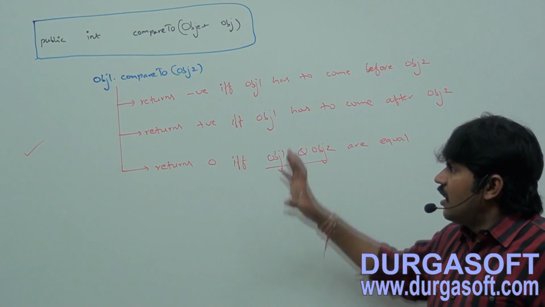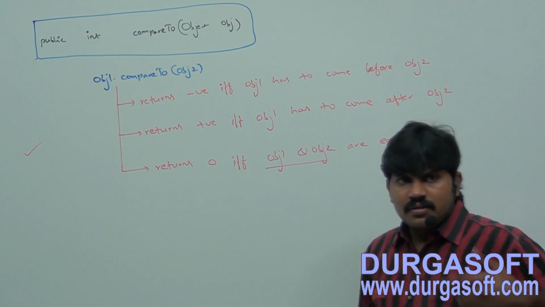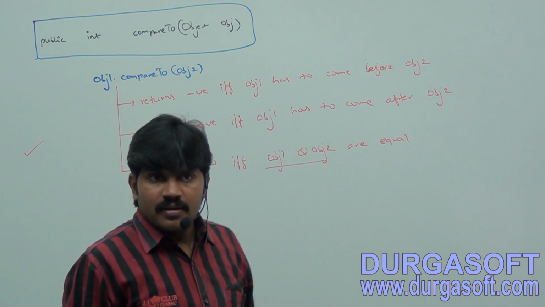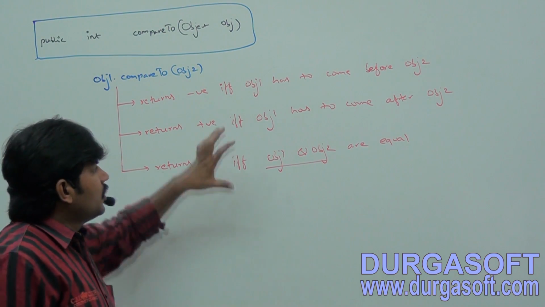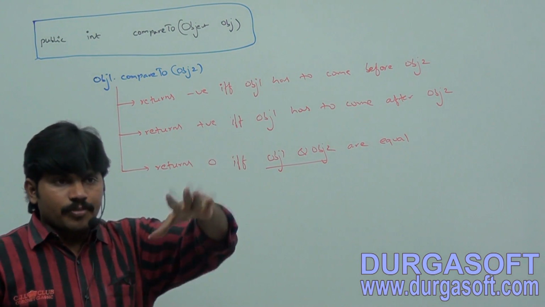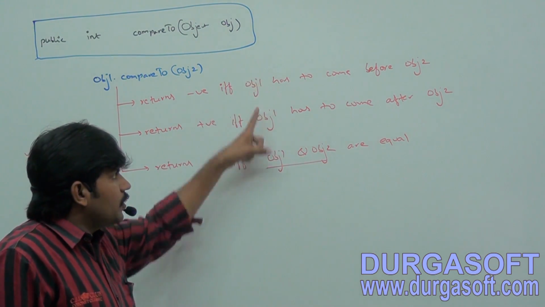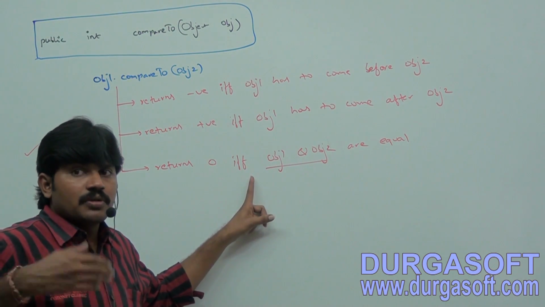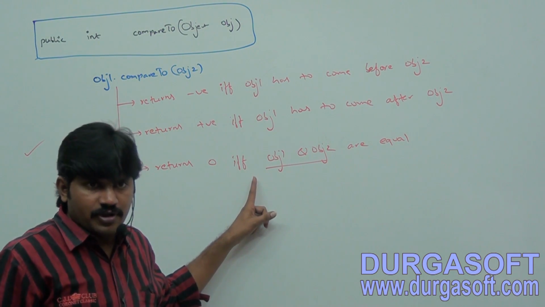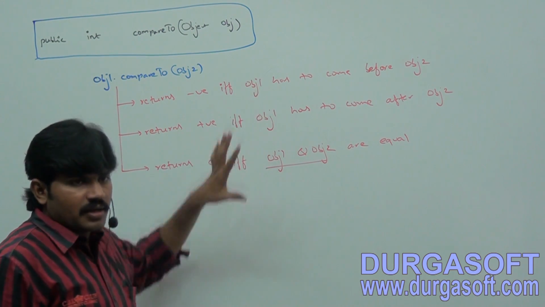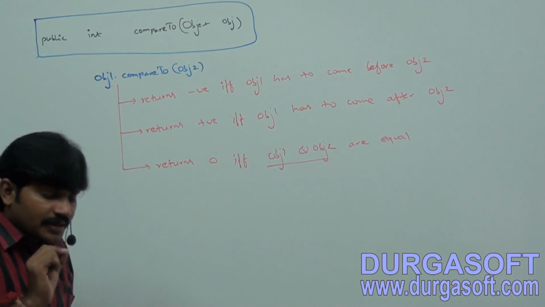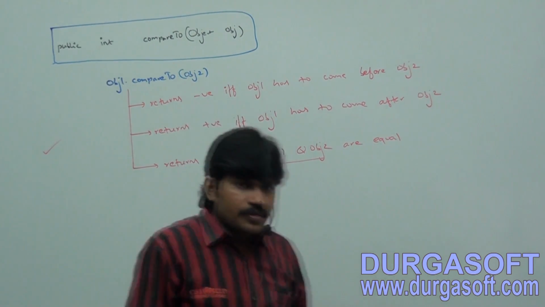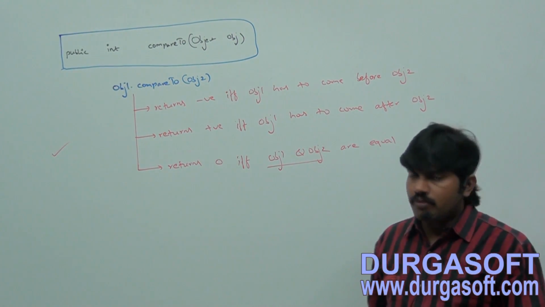After Comparable, next we are going to discuss Comparator. In Comparator there is one method, the compare method, with the same concept. If you understand this terminology, the next things will become easy. obj1.compareTo(obj2) returns negative: obj1 should come before obj2.